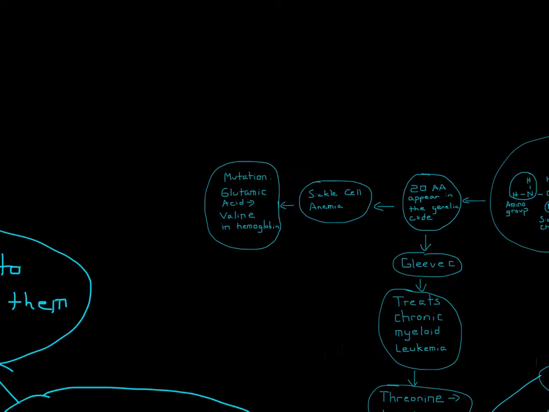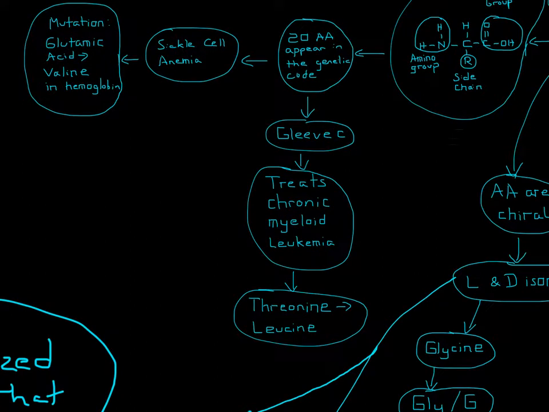Another instance is Gleevec. Gleevec is a drug that treats chronic myeloid leukemia, and it was so effective that they quickly made it into a drug, and the FDA approved it.